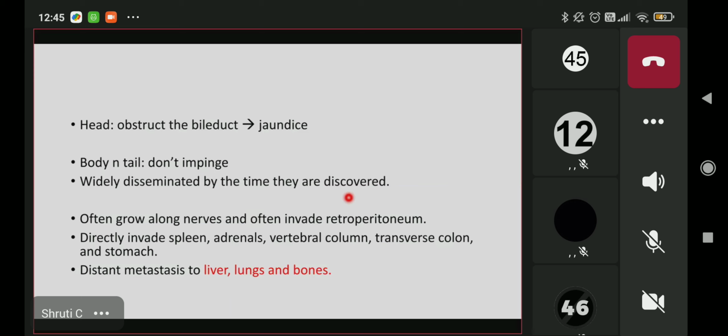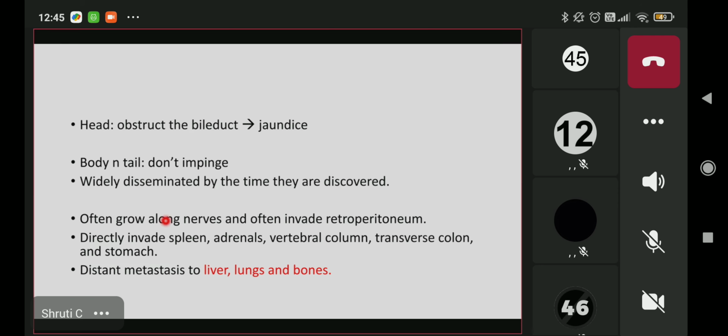Now, usually when the carcinoma is involving the head of the pancreas, it will obstruct or impinge upon the bile duct, and therefore it will lead to obstructive jaundice. But when it is occurring in the body and tail, which is less common, it usually doesn't impinge and doesn't cause jaundice. And by the time it is diagnosed, the cancer is widely disseminated.